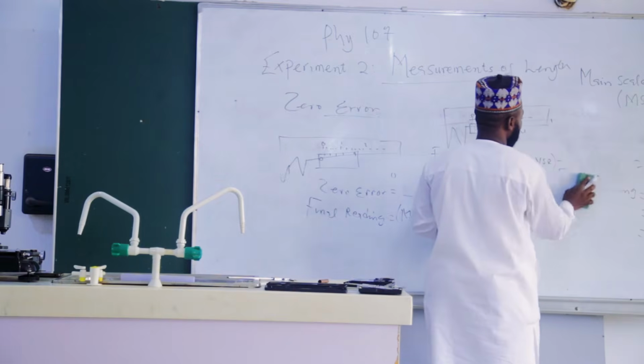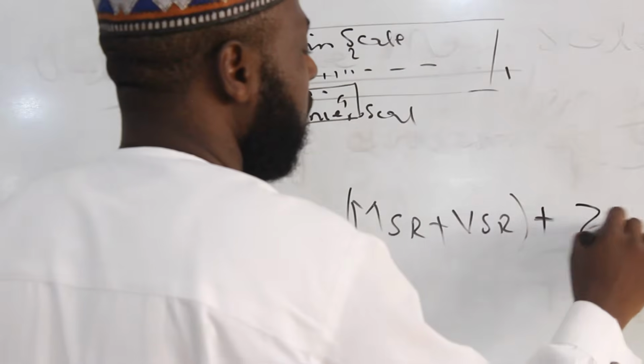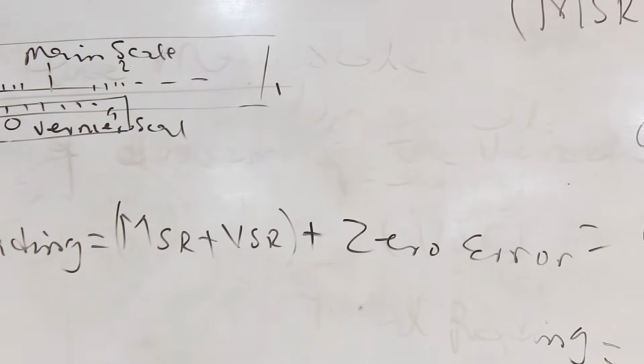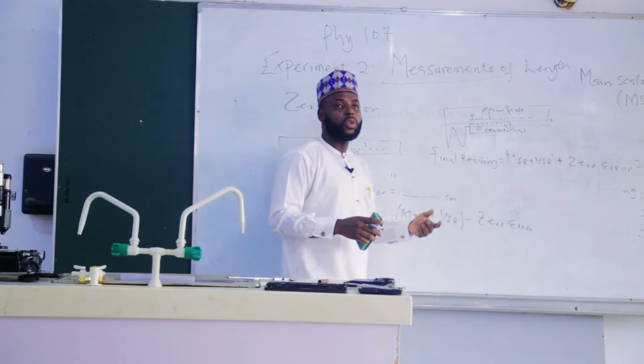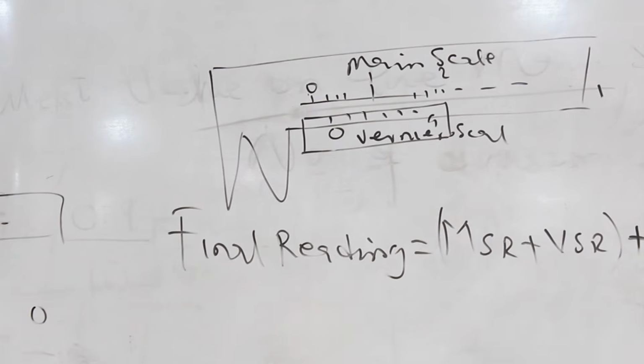So in this case, you are not subtracting again, it's going to be plus your zero error. So it means that your zero error can be added or subtracted to your final reading.